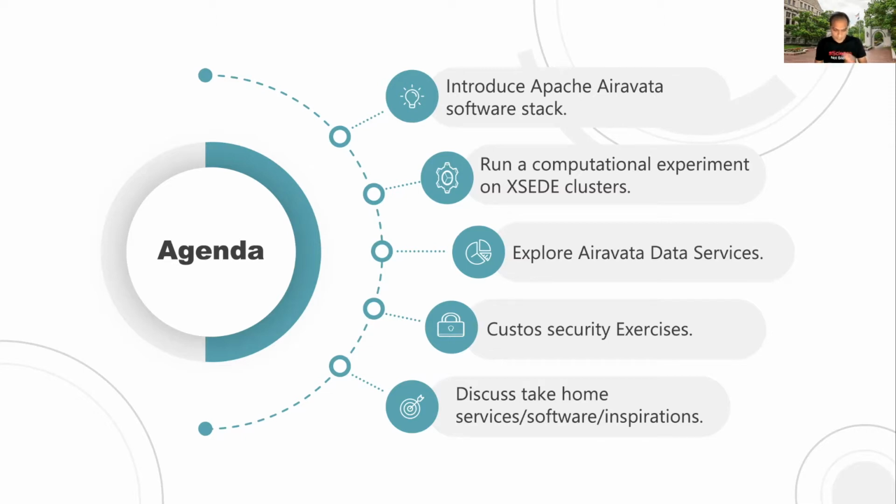We also had a slightly independent, standalone project called Custos Security Services, and we've been doing standalone tutorials of those as well. So we will get a feel for some hands-on using Custos Security Services. That could be in conjunction with the rest of the Airavata services, or you can use them independently. And then finally, we'll recap all the modules we've looked at.